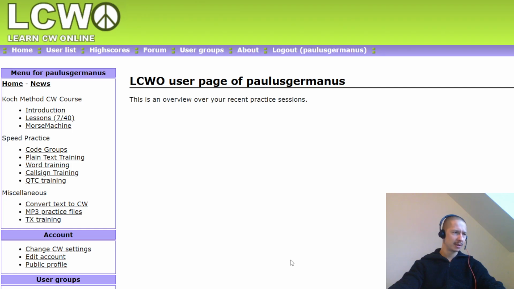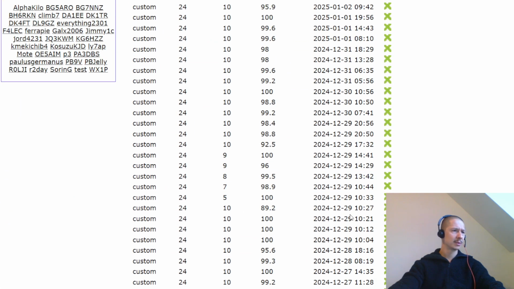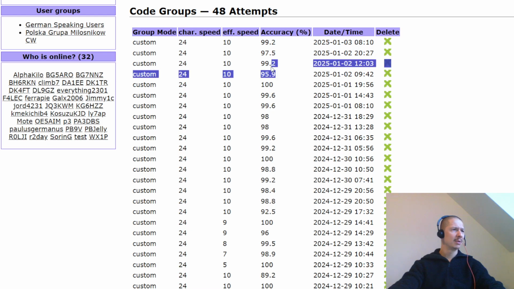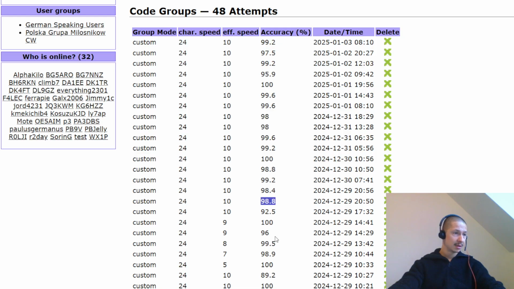But I believe they were lower than 100% for the past few days. Starting from 29th. Yeah, 22, you see. Here's much better, much better, much better. All were really okay. Every single one, starting from here, were above 95.